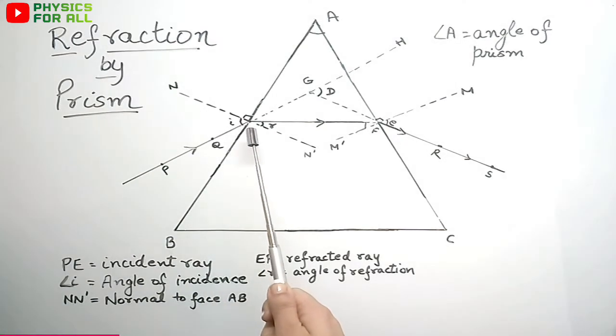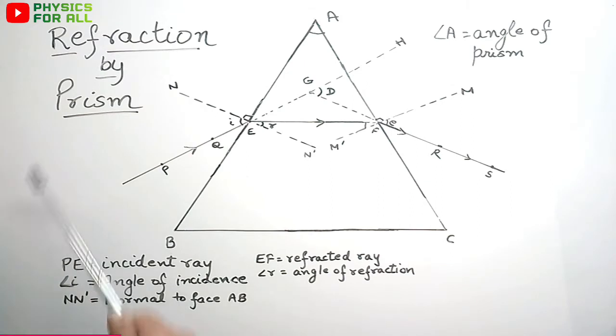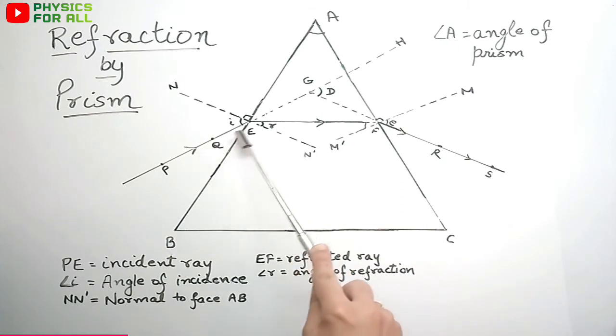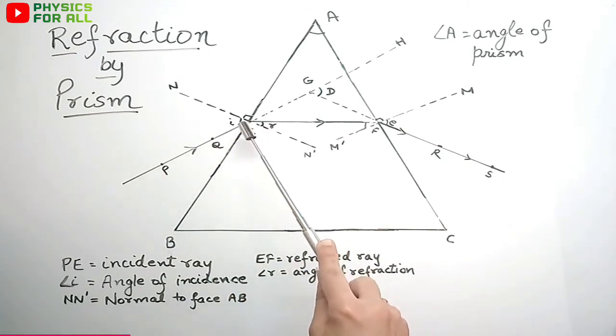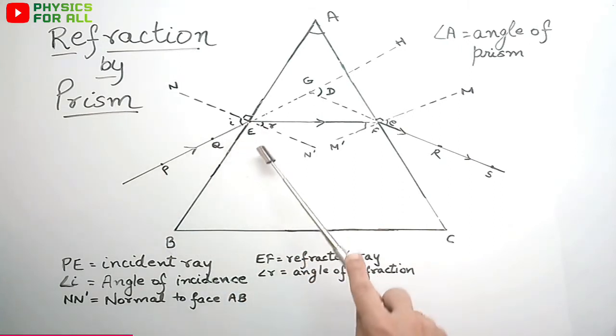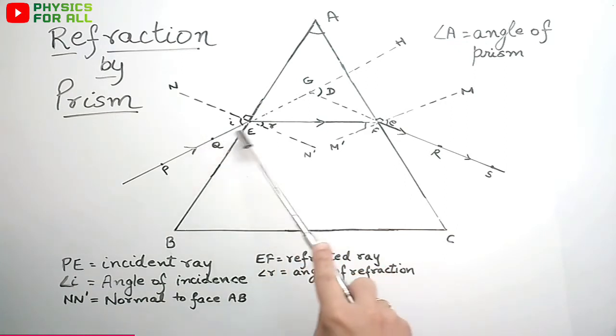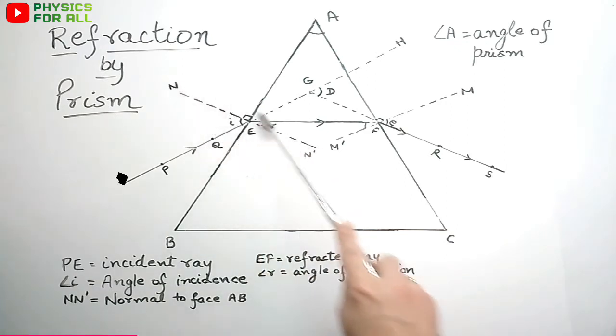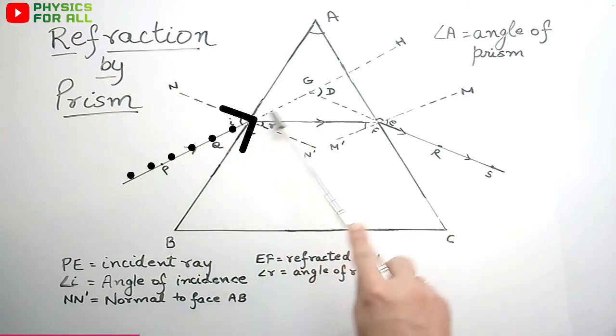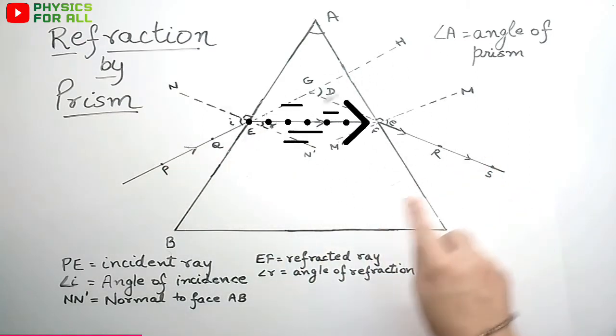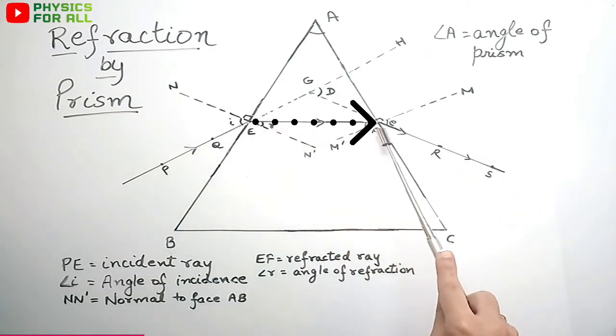As the ray is entering from medium air to the medium glass, and glass is denser than air, light will bend towards the normal. So now you can see that this is our normal NN dash, and instead of going this way straight, it has bent.